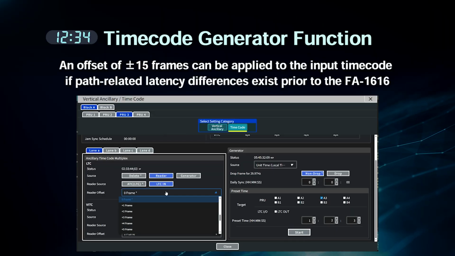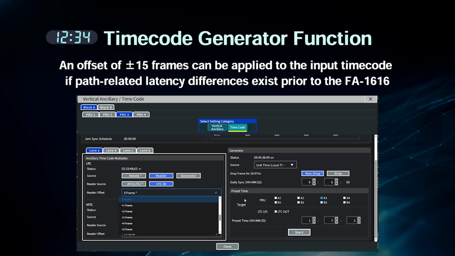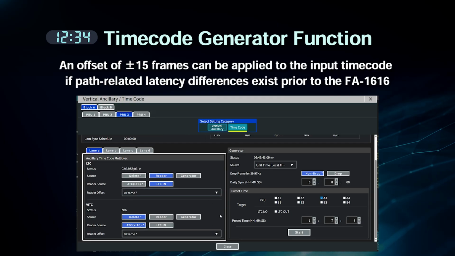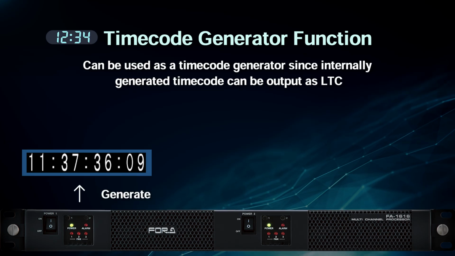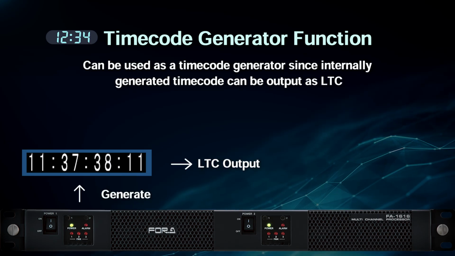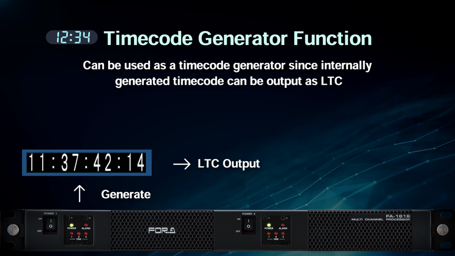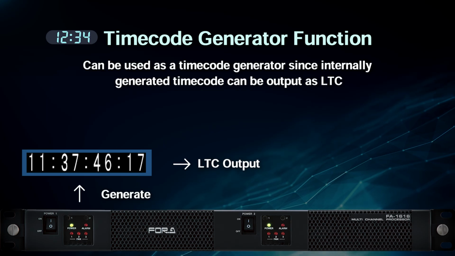Furthermore, if there is a difference in latency due to different paths prior to the FA-1616, an offset of plus or minus 15 frames can be applied to the input timecode. Since the timecode generated by the FA-1616 can be output as LTC, it can also be used as a timecode generator for multi-system recording at events.